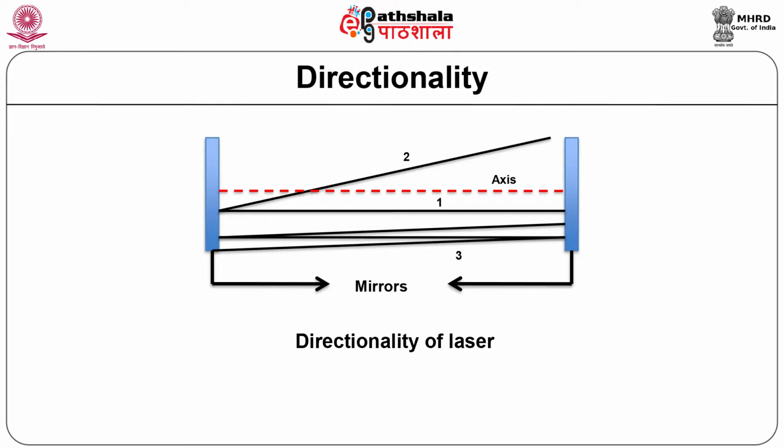As shown in the figure, ray 1 is travelling along the axis, so it will be sustained in the cavity. Ray 2 will not be reflected from the mirror, so it is rejected by the cavity. And ray 3, having little deviation from the axis, will be sustained in the cavity due to multiple reflections through the mirrors.